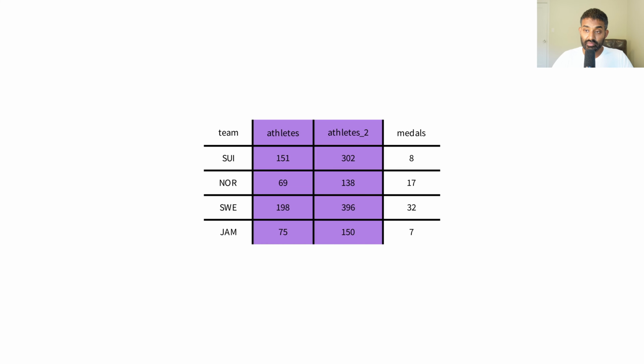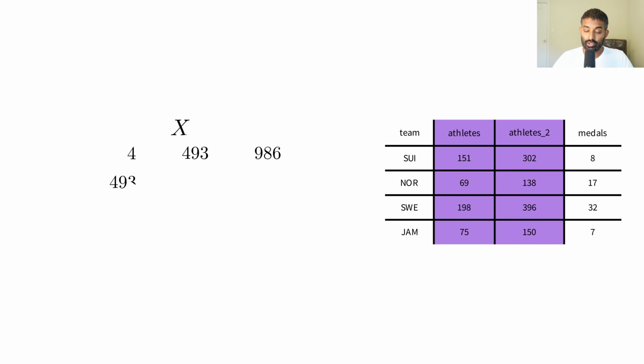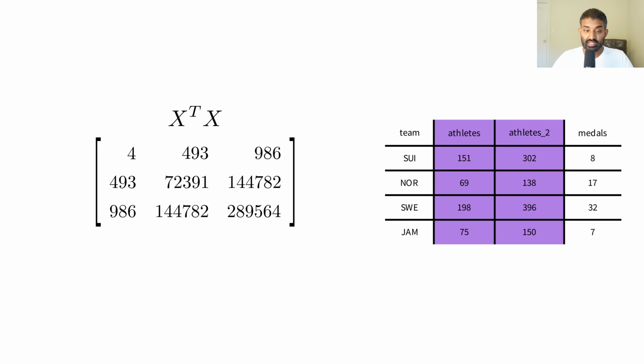And when columns are what's called combinations of each other like this, our x transpose x matrix actually cannot be inverted because it's what's called a singular matrix. So the key thing to remember here is that if our columns are just multiples of each other, or other columns added together, like if we had one column that was athletes plus events, or a column that's athletes times 2, that resulting XTX matrix cannot be inverted.